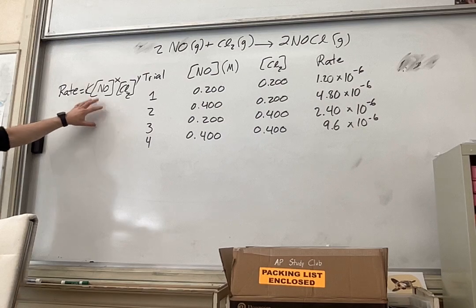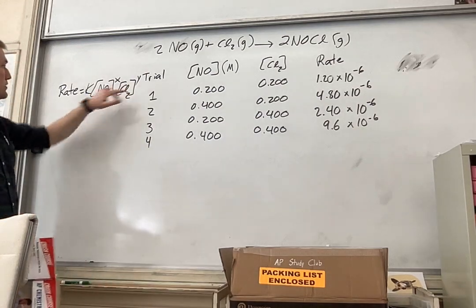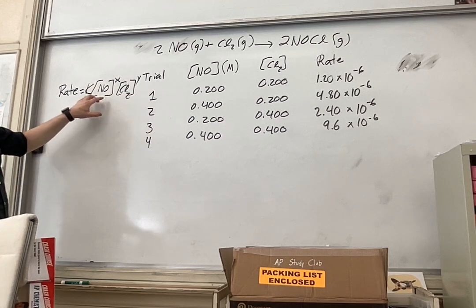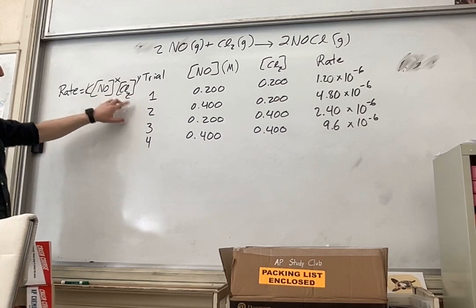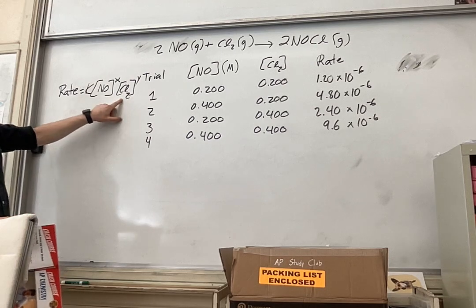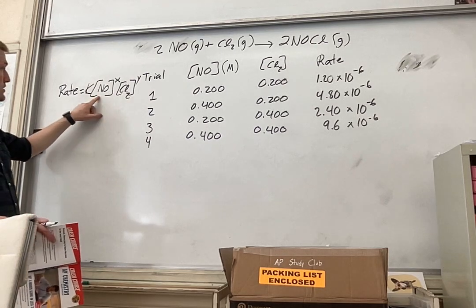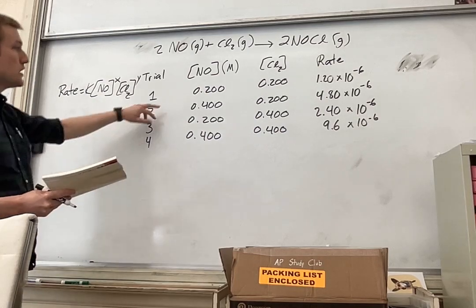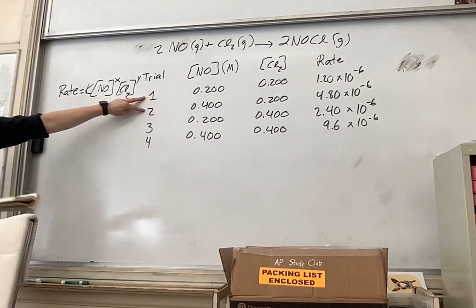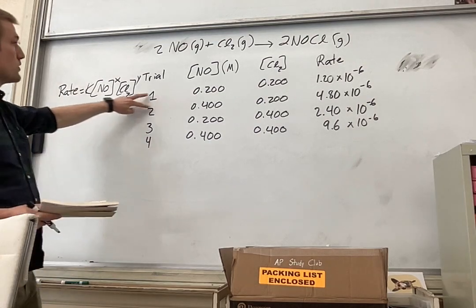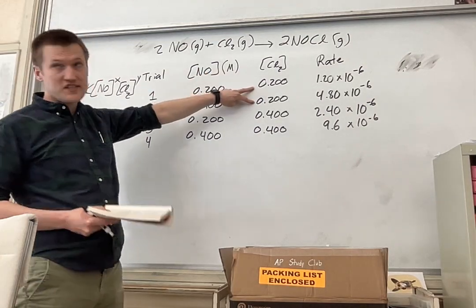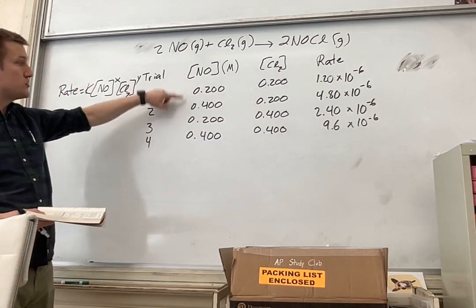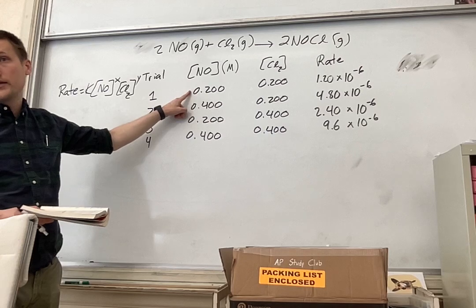So the trick is, if I want to figure out X, I need to look at 2 data points where the concentration of the other factor, Cl2 in this case, is constant, but the concentration of NO is different. I can do that comparing trial 1 and 2. In trials 1 and 2, the concentration of Cl2 is the same, but the concentration of NO is doubled in trial 2 compared to trial 1.